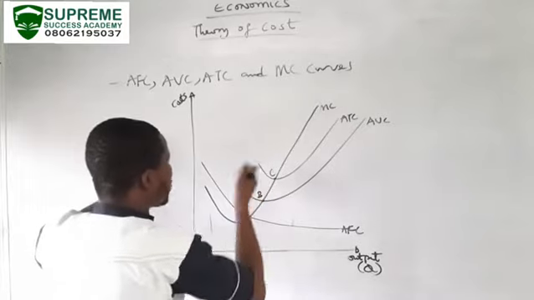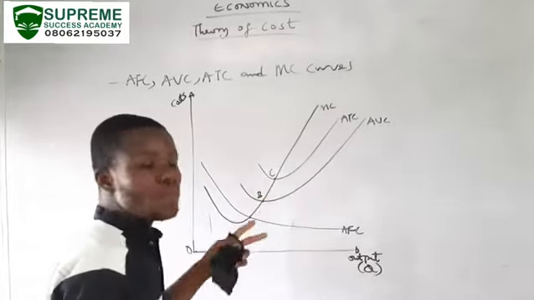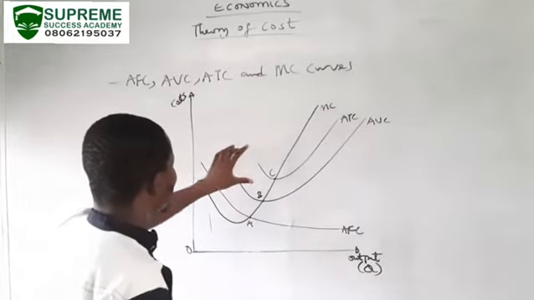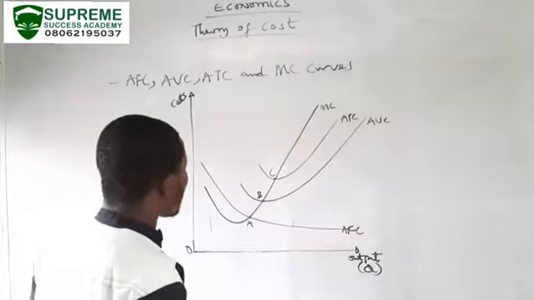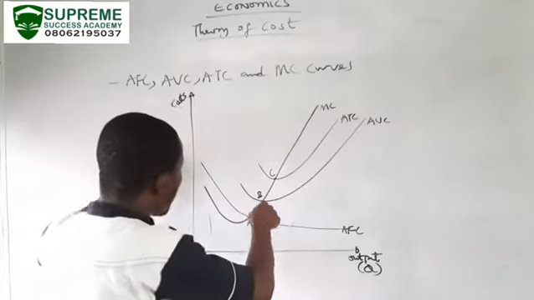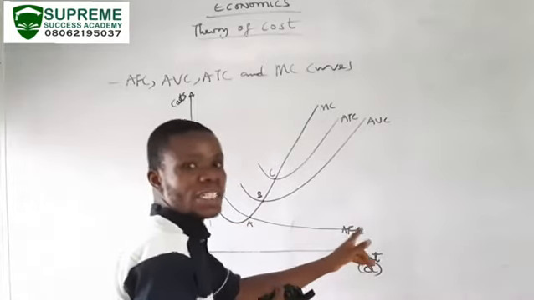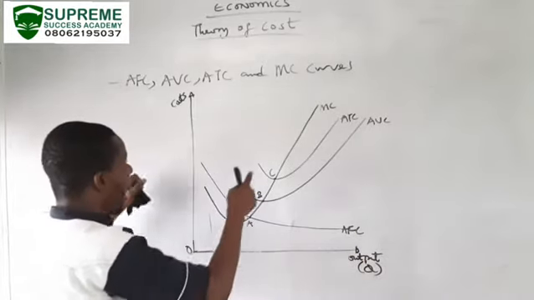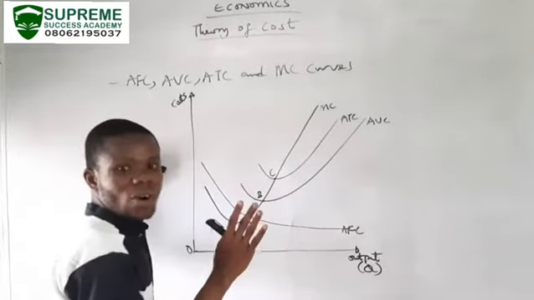These curves are also U-shaped because anytime there is an increase in output, there will be a decrease in cost to a particular point. Later on, an increase in output will bring about an increase in cost.